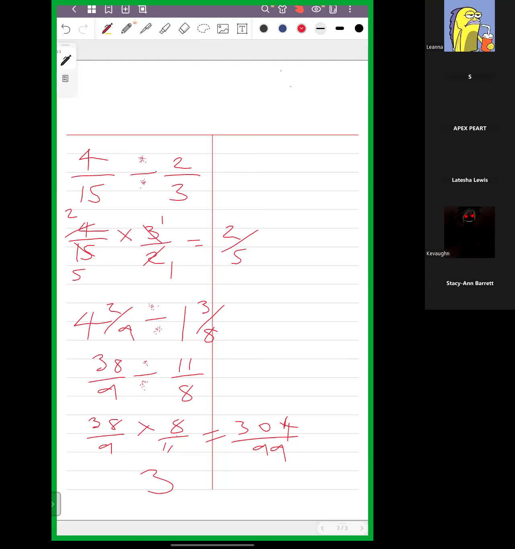We need to calculate how much more we need to get to 304, so minus 297 from 304, we realize that we get a 7 as our remainder over 99. And that gives us our final result. In this case, we end up with nothing to cancel out, and occasionally that's going to come up. Good, good.